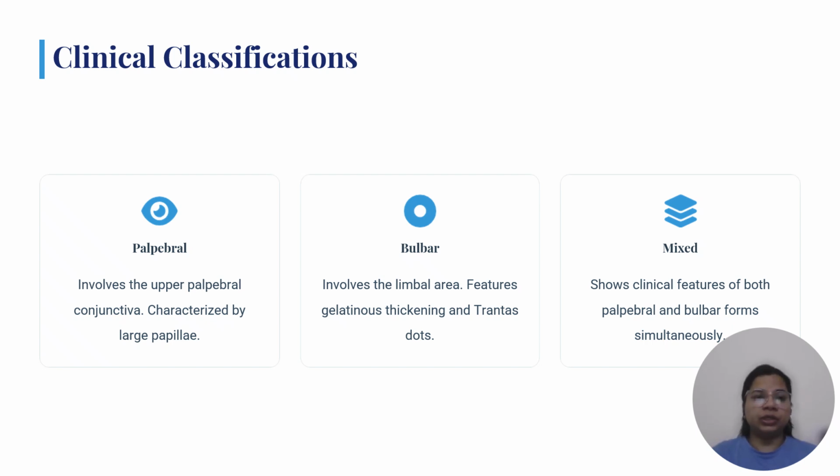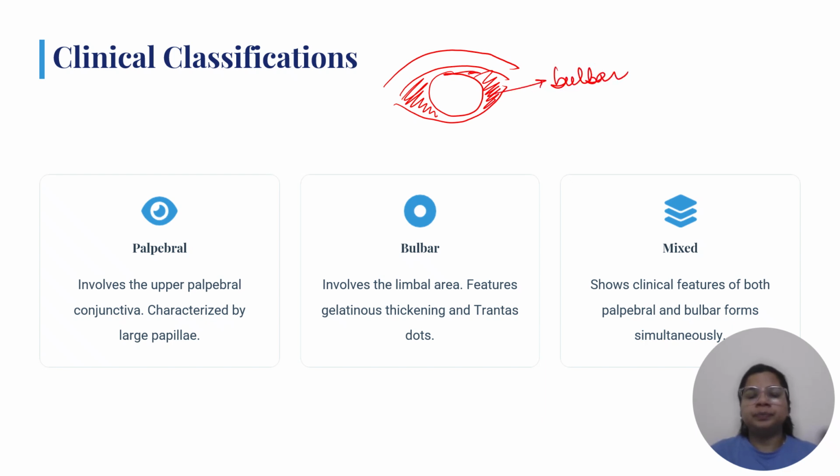Next, the classification. The classification depends upon the parts of the conjunctiva it involves. If this is the eye, this is the cornea, and this part of the conjunctiva is the bulbar conjunctiva. The part present on the inner surface of the eyelids is the palpebral conjunctiva.